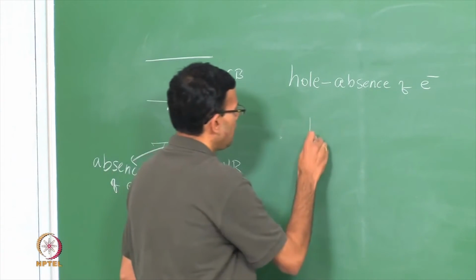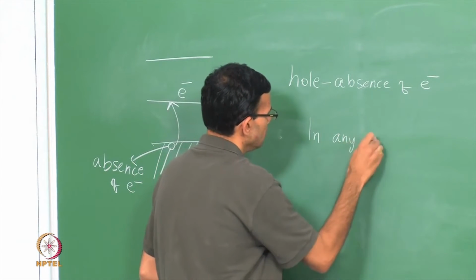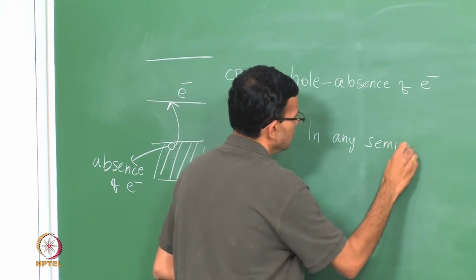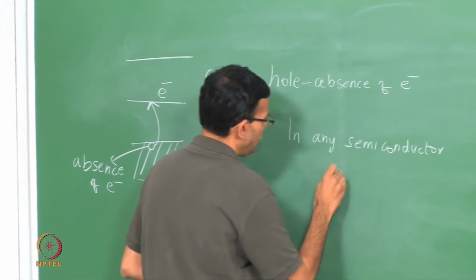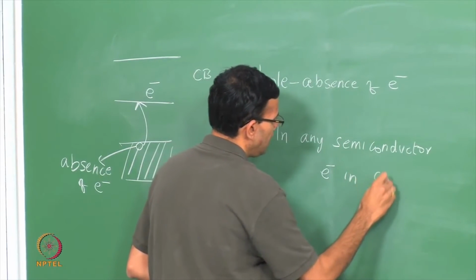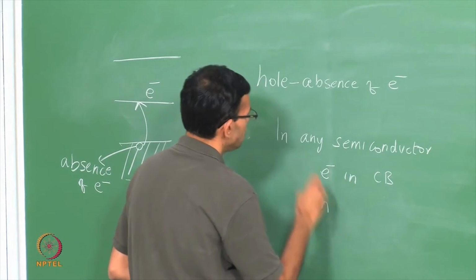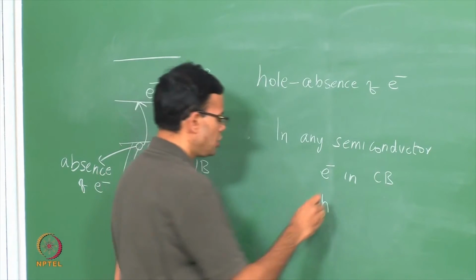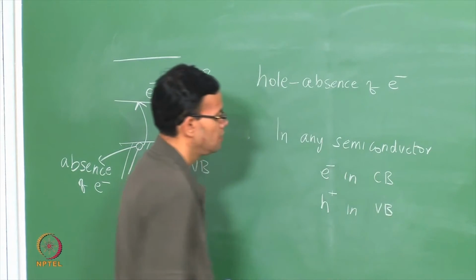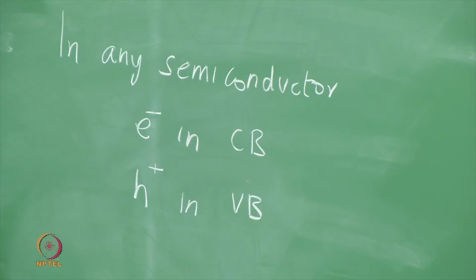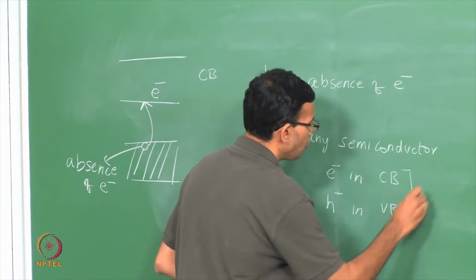So, in any semiconductor, you will have electrons in the conduction band and you have holes. Holes are denoted by h or h plus in the valence band. These electrons and holes are essentially free to move, so they are called delocalized.